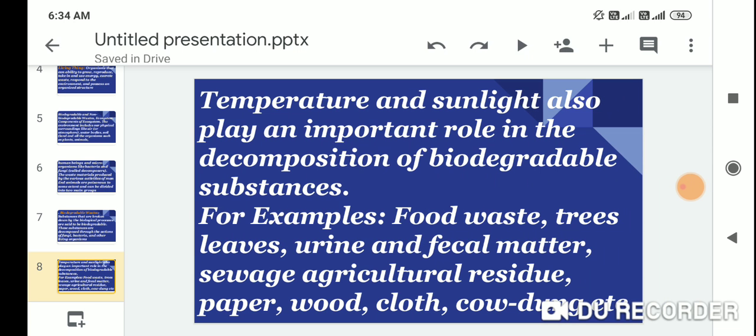Temperature and sunlight also play an important role in the decomposition of biodegradable substances. For example, food waste, tree leaves, urine and fecal matter, sewage, agricultural residues, paper, wood, cloth, cow dung, etc.